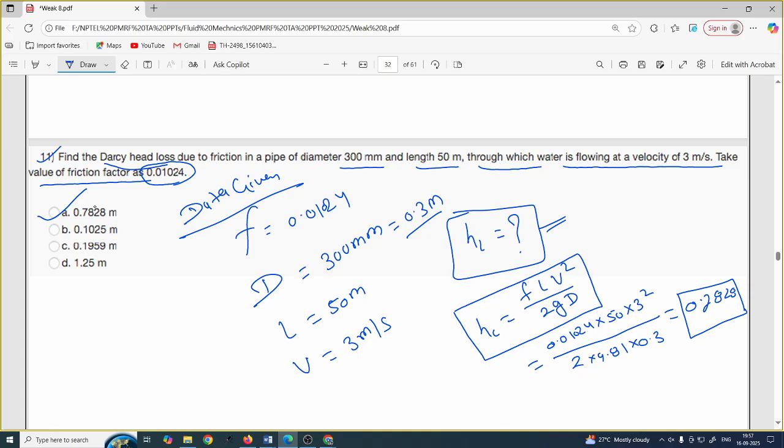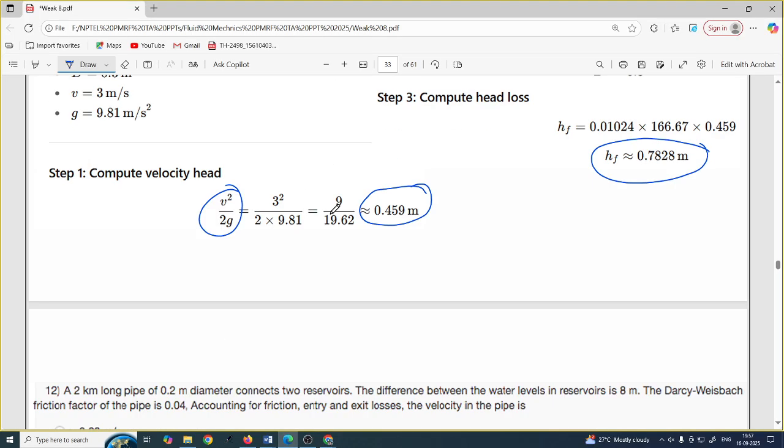Yes, correct. 0.78. So now let us move on to the next one.